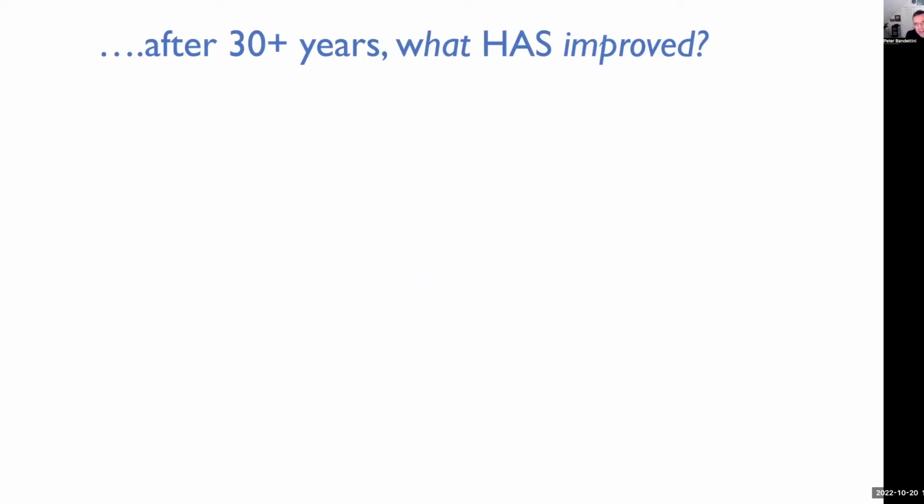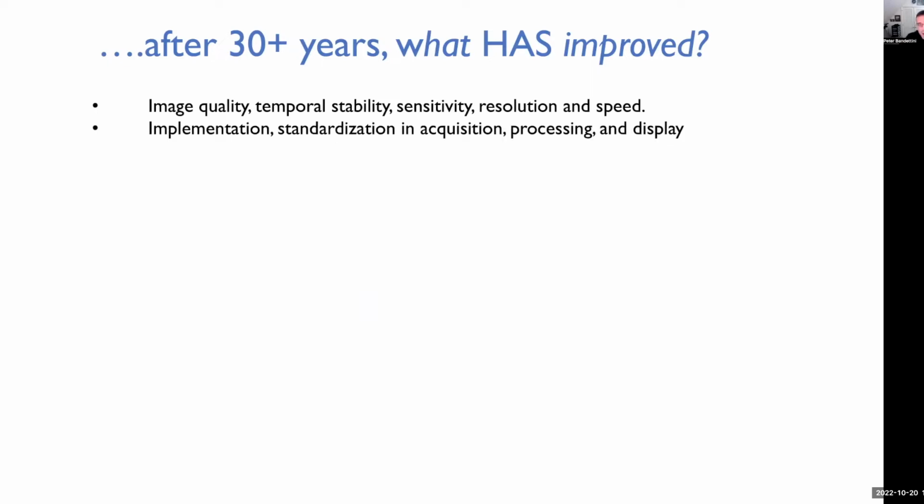After 30 years, what has improved after 30 plus years? Certainly image quality, temporal stability, sensitivity, resolution, and speed have improved. There's parallel acquisition, which was a large improvement in fMRI.